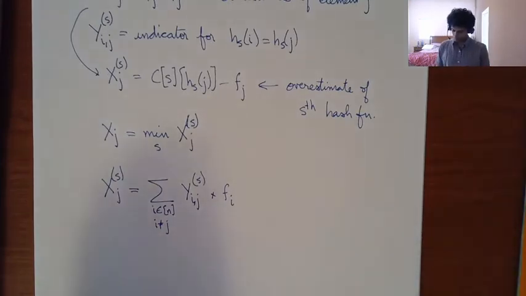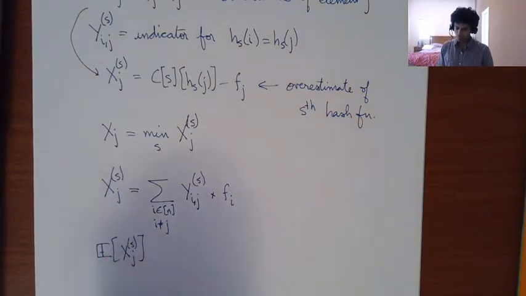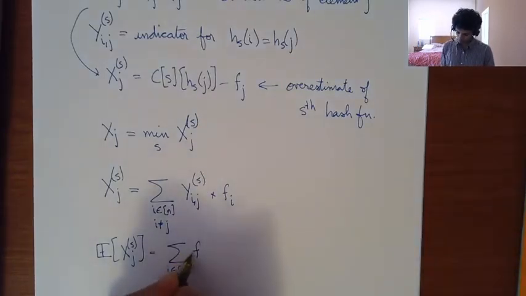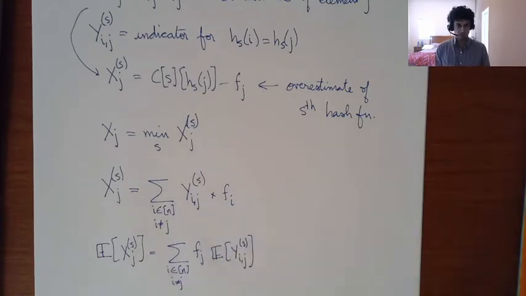All right, so let's do our usual and compute the expectation. The expected value is going to be fi times the expectation of yij of s. This is linearity of expectation.